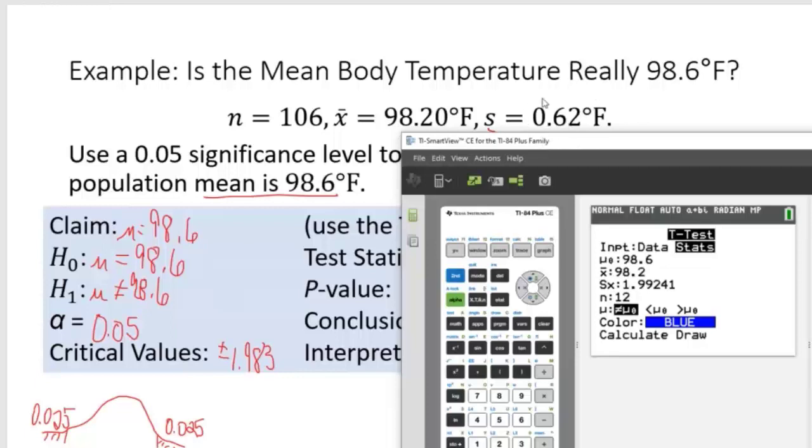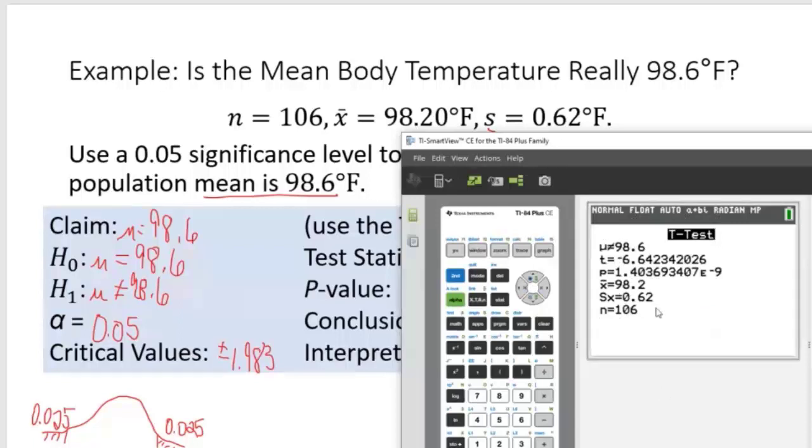The sample standard deviation was 0.62. Again, that's already calculated for me. And N was 106. Now this is actually N, not degrees of freedom, because the calculator knows that it needs to do degrees of freedom. My alternate hypothesis this time is that it's not equal. So that one's set correctly. So I'm going to go down and calculate.